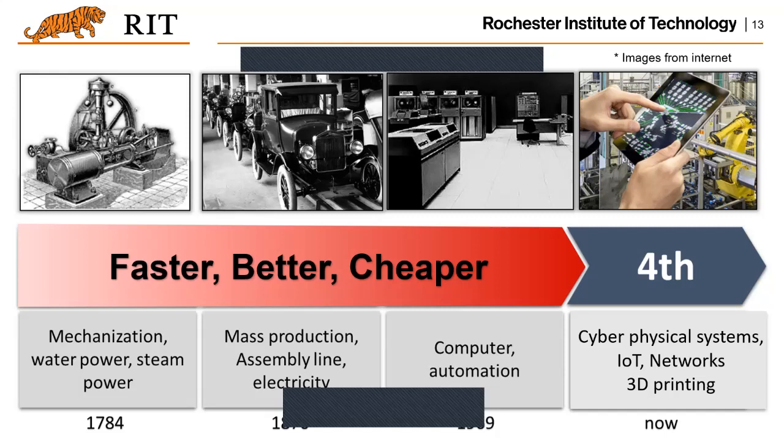Basically, you can produce zillions of identical products in a very short amount of time, such that normal people could afford those products, which would not have been possible in the historical period before this industrial revolution.